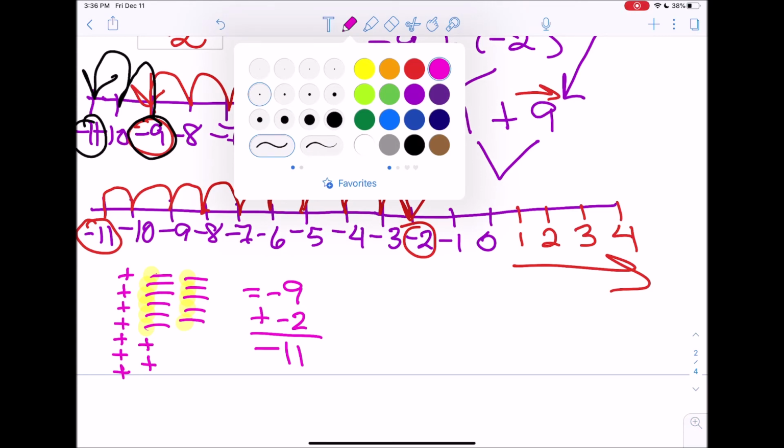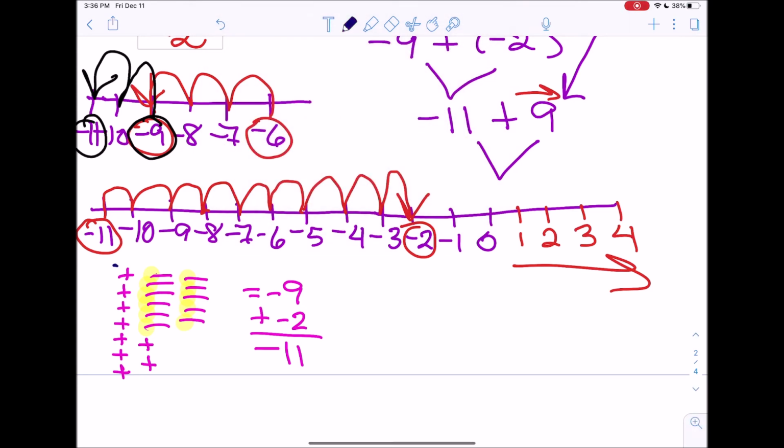If you'll remember, 1 positive and 1 negative cancel each other out. So I'm going to go ahead and make my pairs, my 0 pairs, and cancel them out and see what I have left.